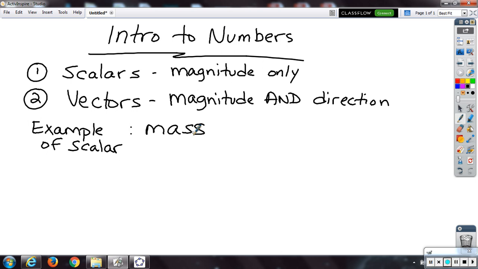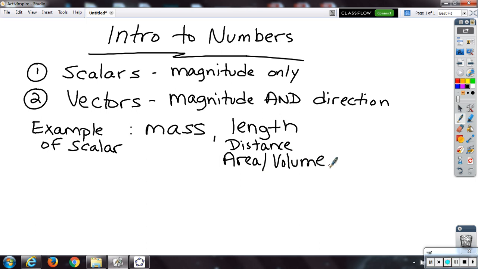For some other examples of scalars, we have measurements of pure length. If you're just looking at the dimensions of an object, so we could also say distance, and since measuring lengths of objects can help you to determine such quantities as area and volume, then these would all fit under the category of scalars.